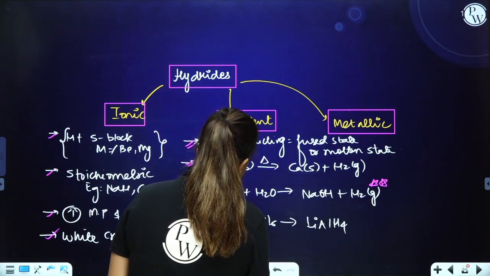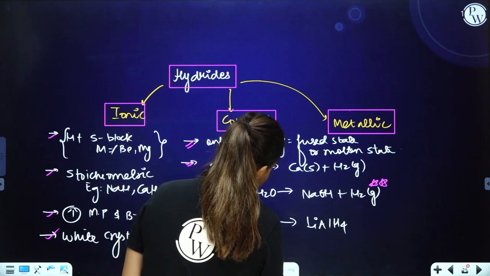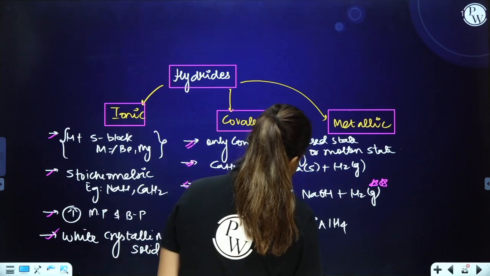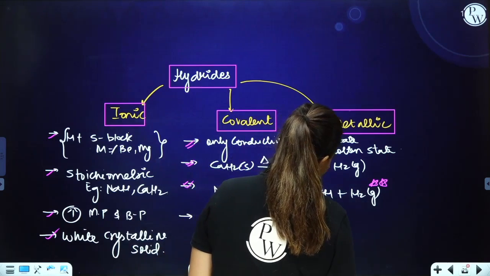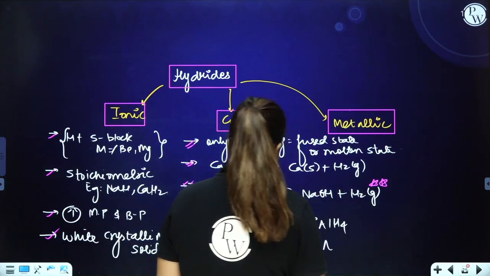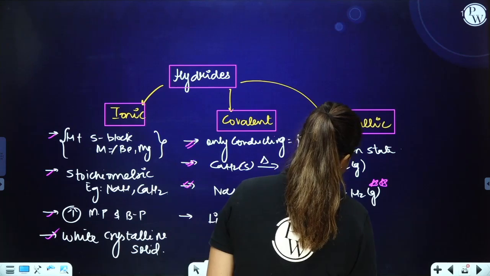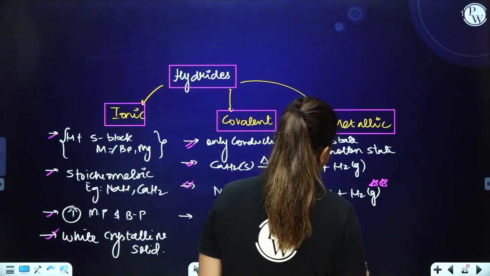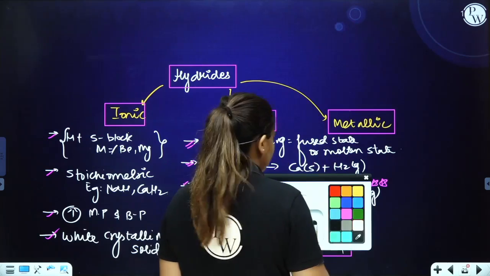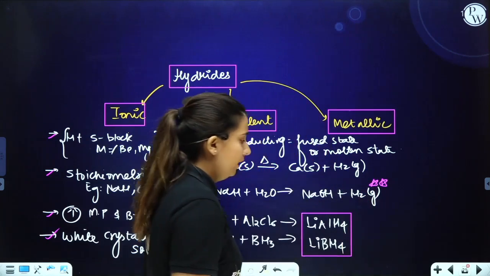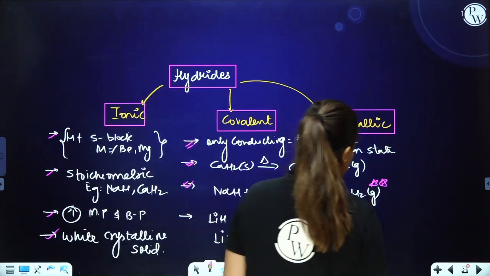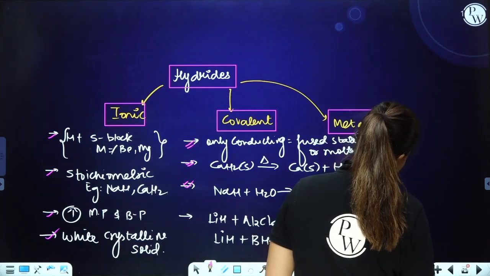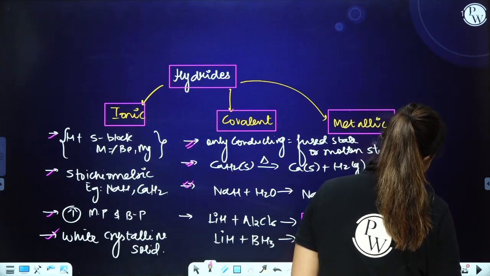And if you react lithium hydride with BH3 or B2H6, you are going to form lithium borohydride.